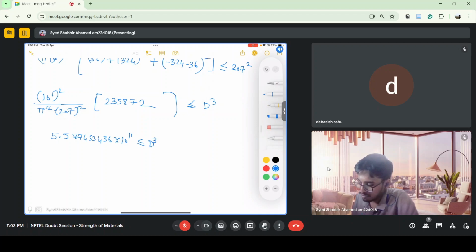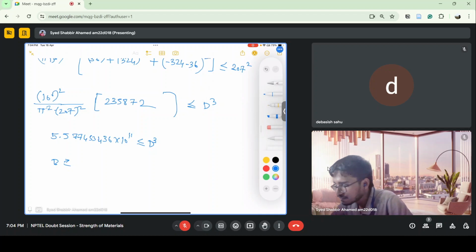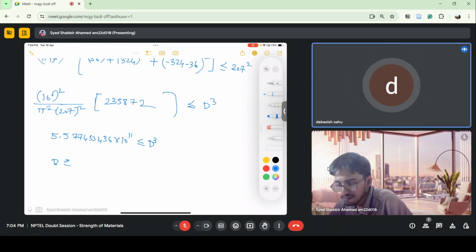Okay. So if I do the cubic root of this thing, getting something up. Sir, my calculation got wrong in between.